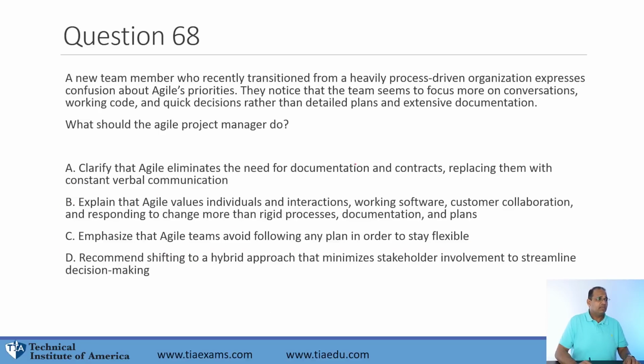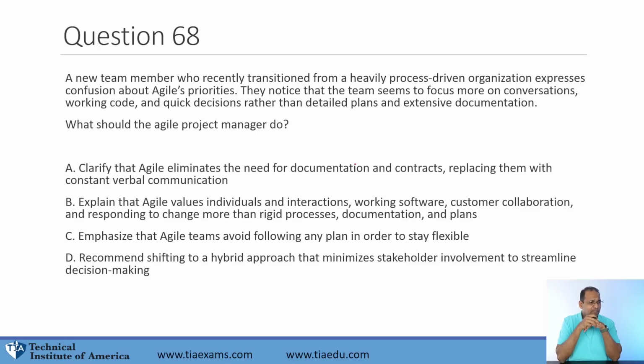Question. A new team member who recently transitioned from a heavily process-driven organization expresses confusion about agile priorities. They noticed that the team seemed to be focused on conversations, working code, and quick decisions rather than detailed plans and extensive documentation. What should the Agile PM do? Clarify that Agile eliminates the need for documentation and contracts, replacing them with constant verbal communication.